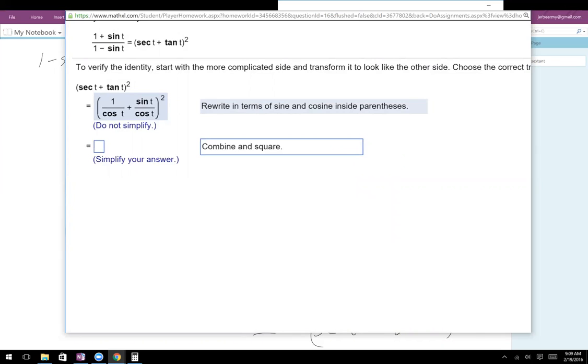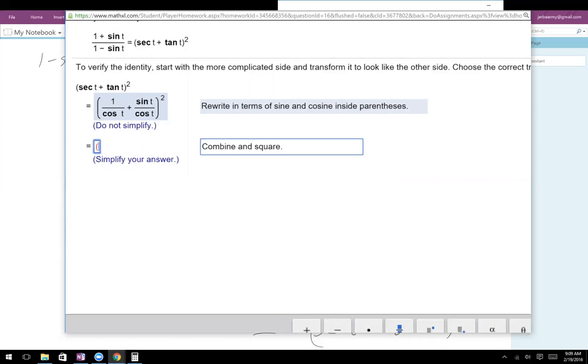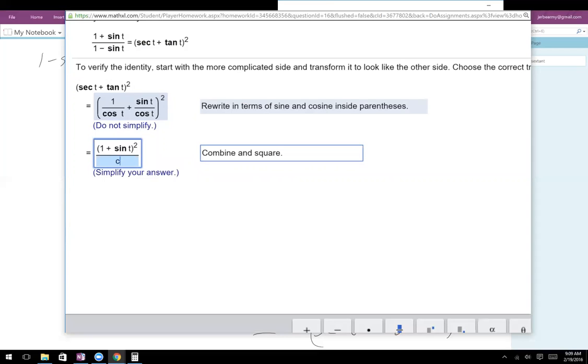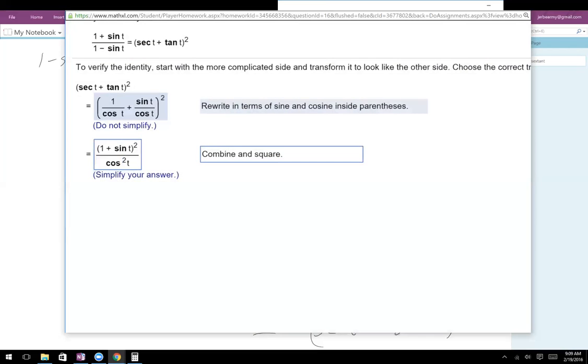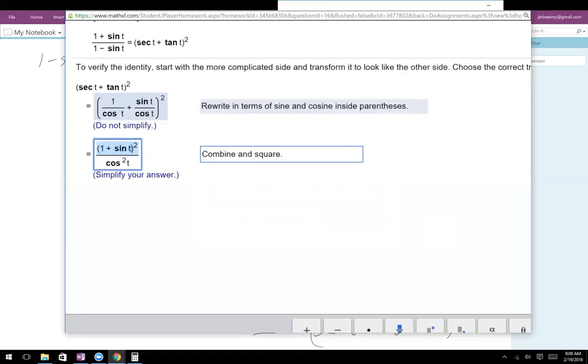So we're going to, oh, actually, I don't think I need to multiply it out. I'm going to just go 1 plus sine t, squared, over cosine squared t. Maybe they want us to actually multiply it out.